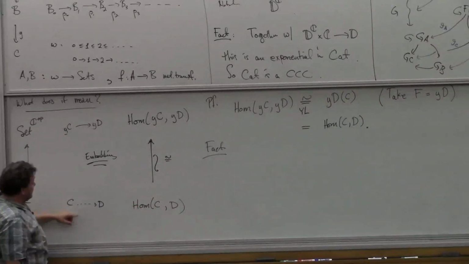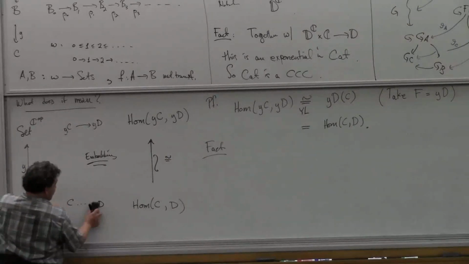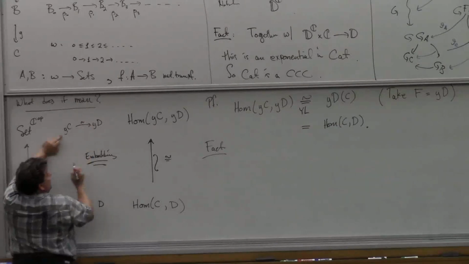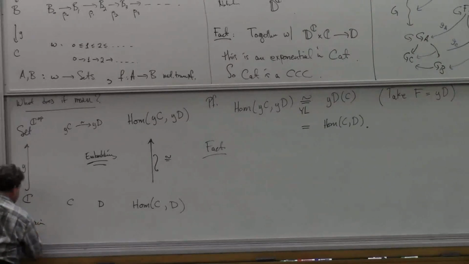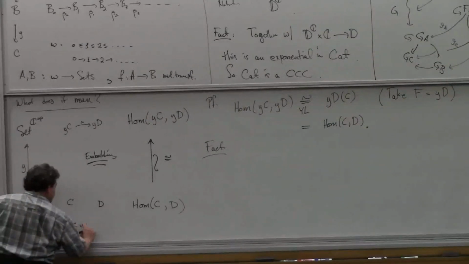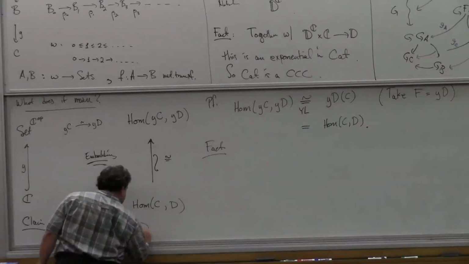Why is that? Well, look. So what I'm saying is, if I start with this and I go up here and I get an isomorphism, then there's an isomorphism down here. That's my claim. Okay? So claim: if y of C is isomorphic to y of D, then C is isomorphic to D.